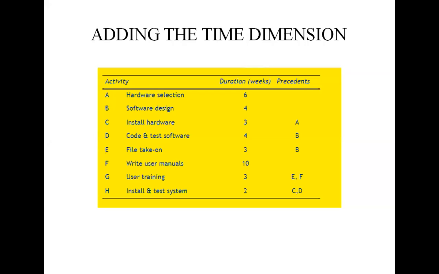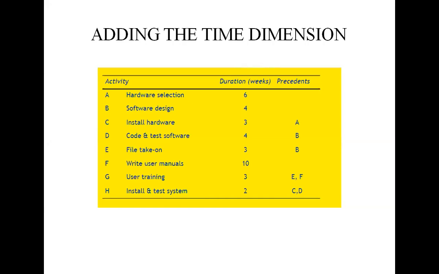Next, for each activity, we will estimate its duration. Then the network is analyzed by carrying out a forward pass and a backward pass. So by adding the time dimension, we take a forward pass and a backward pass.